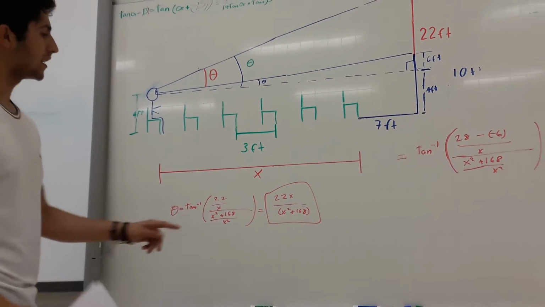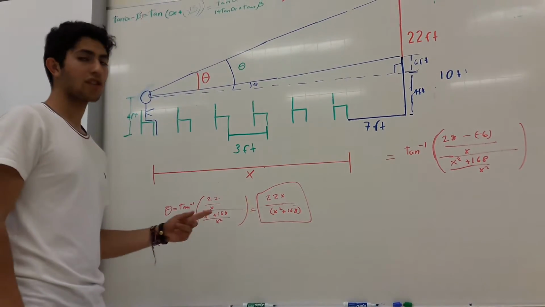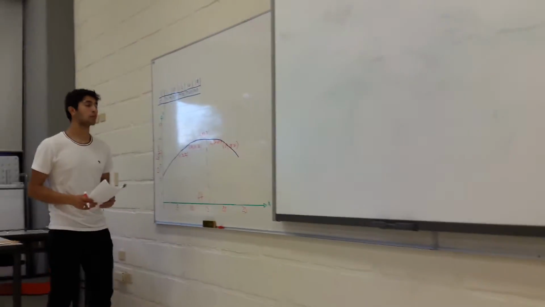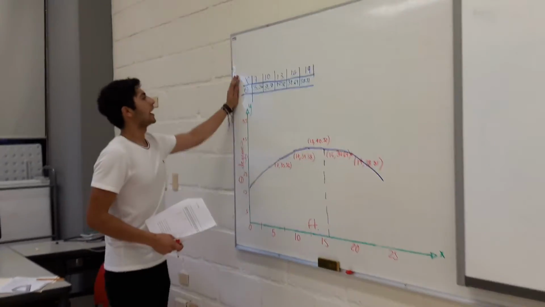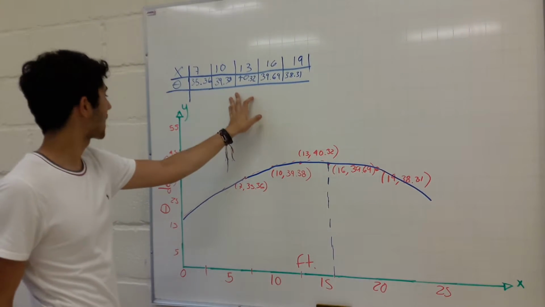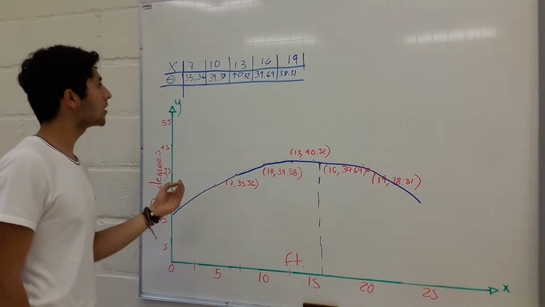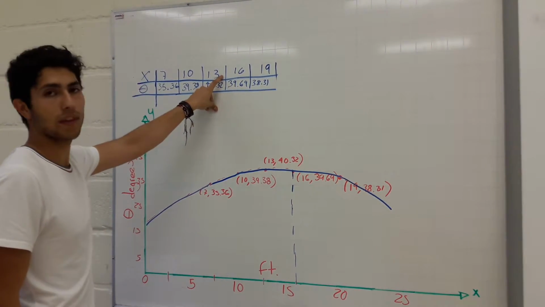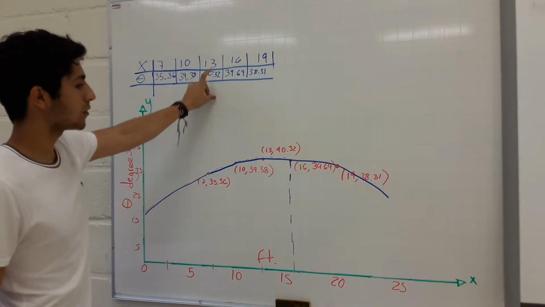And if we make this function, we can do it. And this is what we're going to get. As x increases, we're going to get different values. But we want the value with the bigger angle, which is 13. These are going to be the fits.